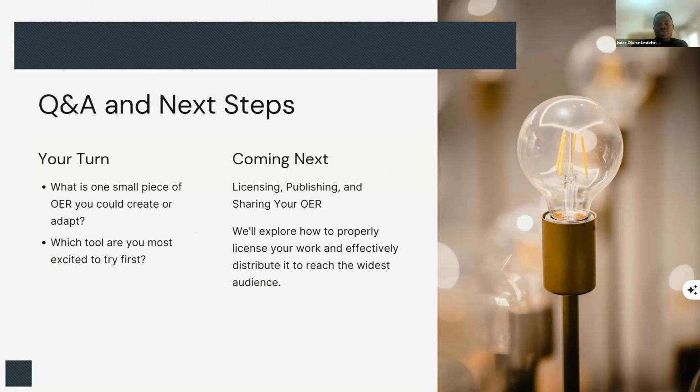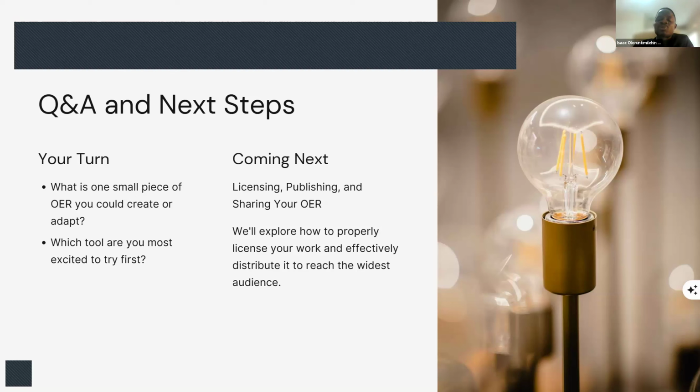Before I come back to this, next week we'll be having our final session, where we'll be talking about licensing, publishing, and sharing your OER. This is where, when you've created your OER and adopted all of these principles, the accessibility, the inclusion, and the localized design principles, the next thing for you to do is to license it, publish it, and share it.